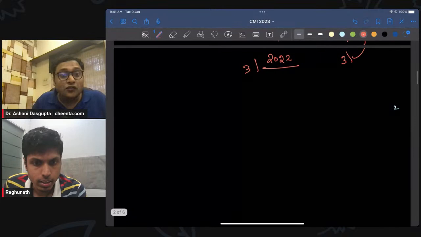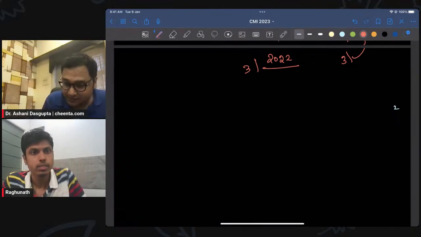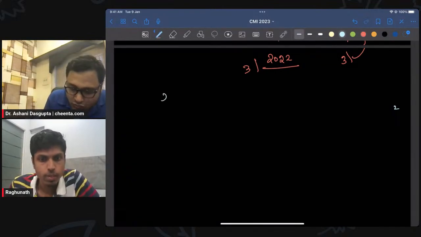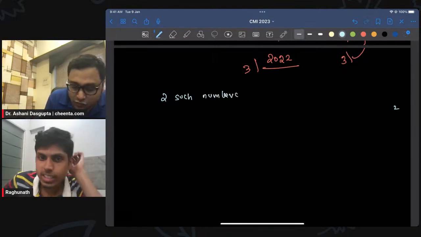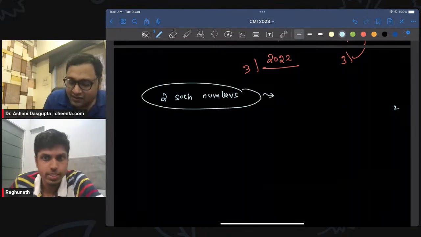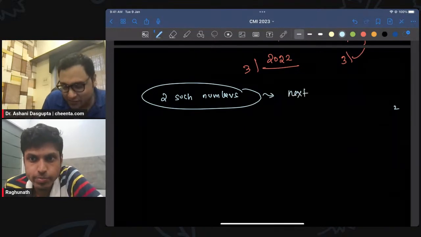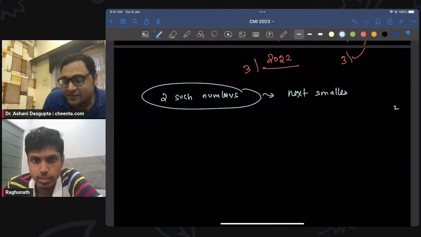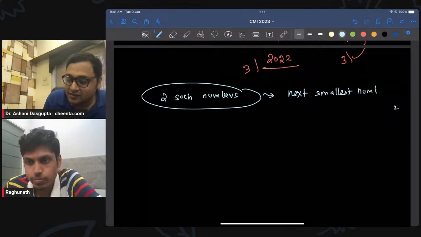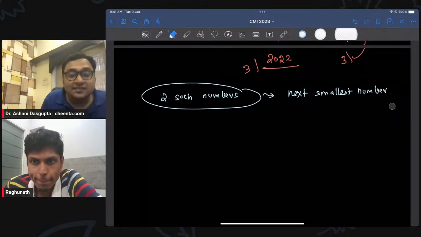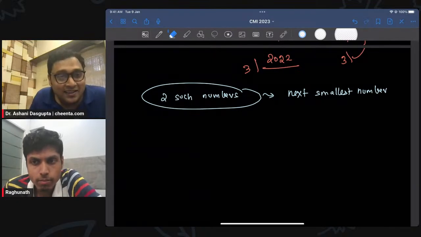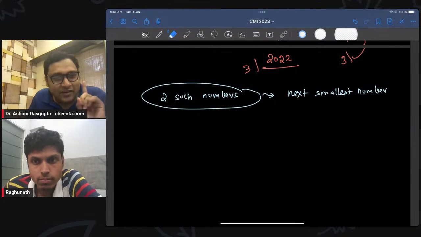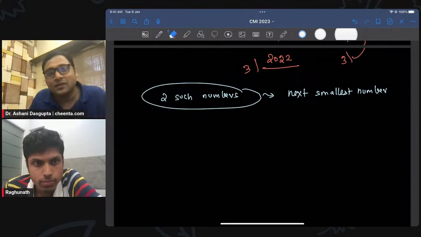So remember, we had to find two such numbers, the two smallest numbers. So you have to find the next smallest number, right? So Raghunath sir's solution will actually very easily give you the next smallest number that works. So I will not talk about the next smallest number.